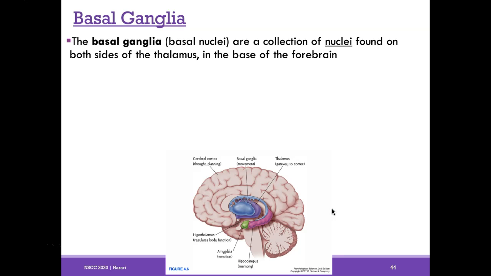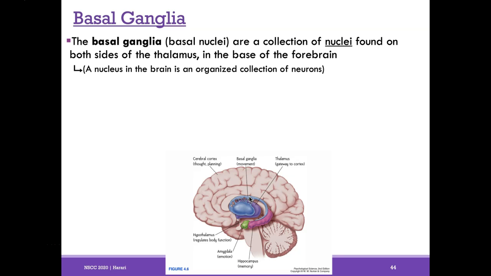Next up, we have a group of neuronal clumps called the basal ganglia or the basal nuclei. And a nucleus is a collection of neurons. It's a clump of neurons. And these are at the base of the forebrain on both sides of the thalamus. So the basal ganglia are groups of neurons.